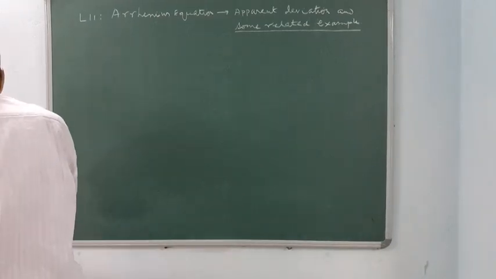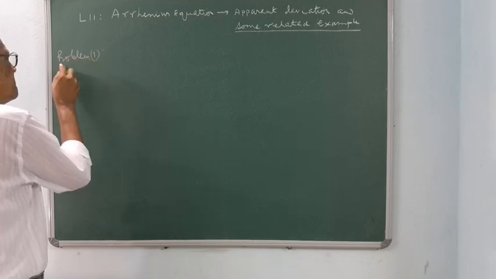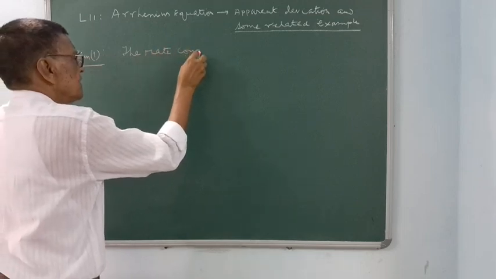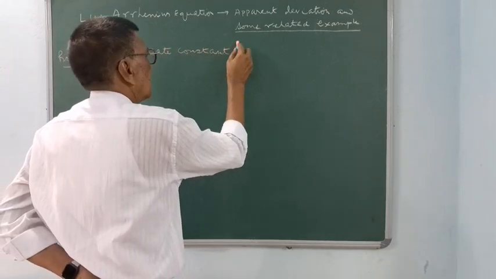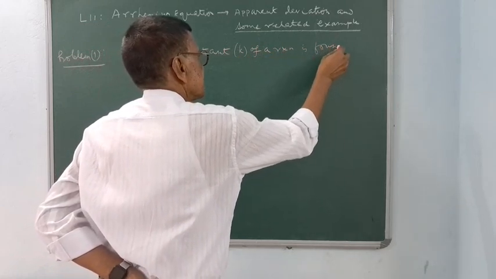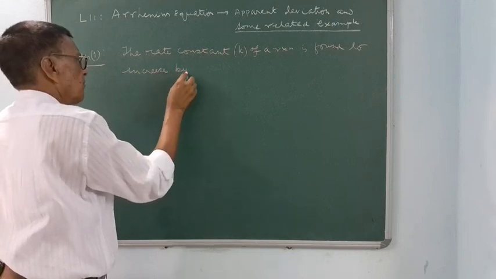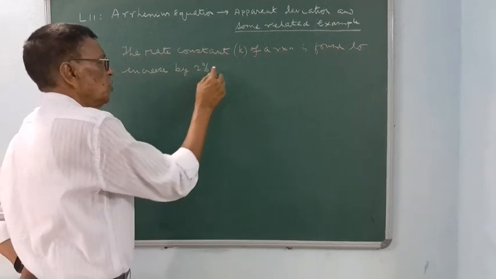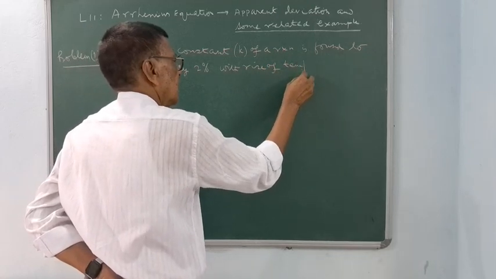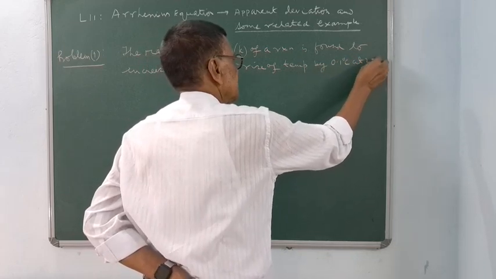Problem number 1. The rate constant of a reaction is found to increase by 2% with the rise of temperature by 0.1 degree centigrade at 25 degree centigrade.